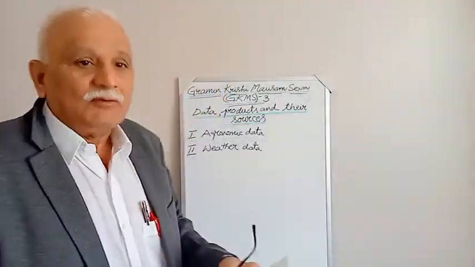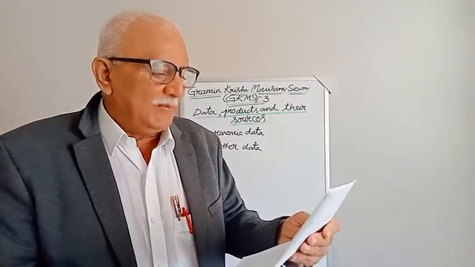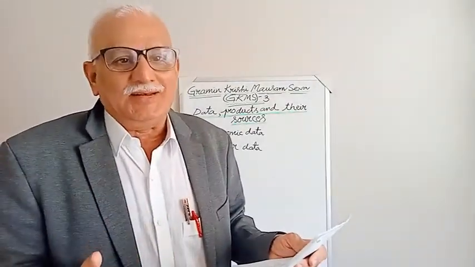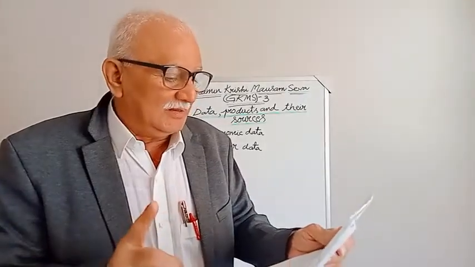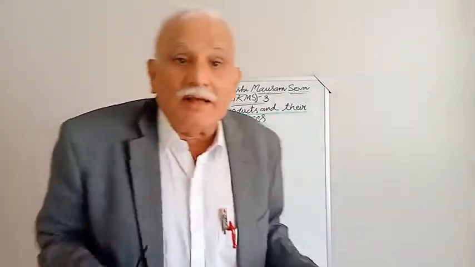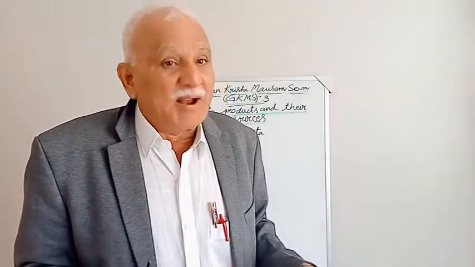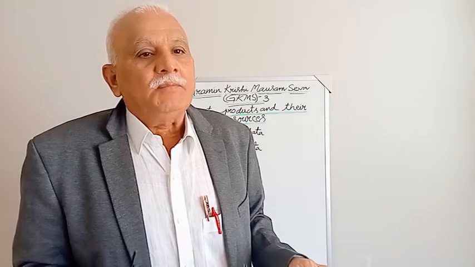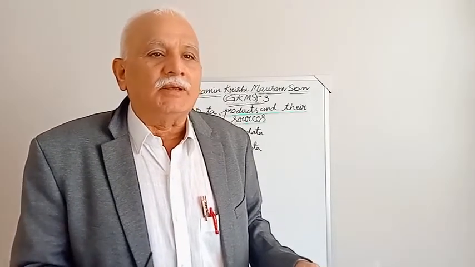Now, number 1, I would like to impress upon you is agronomic data. In the agronomic data, the first one is the cropping pattern. There are certain terms in agronomy.